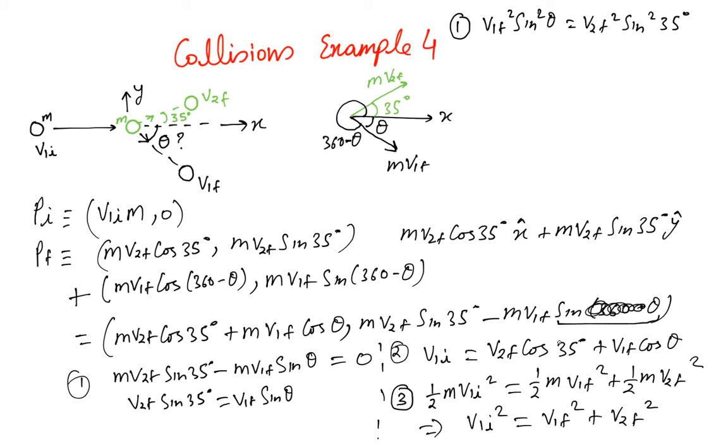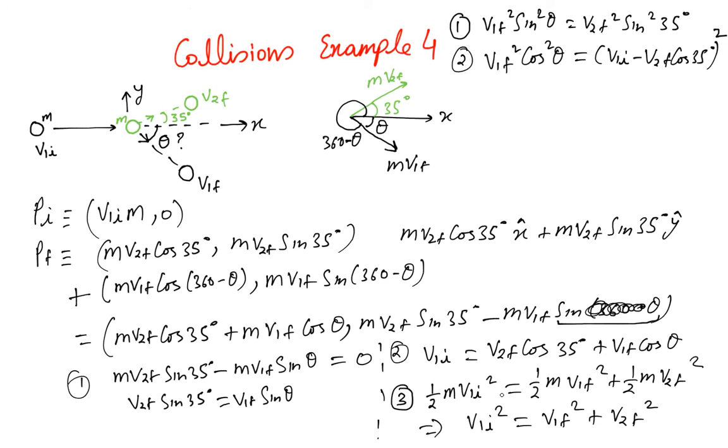Also, if you move this part onto the other side and then square it, you get the second equation, which is v1f squared cos squared theta equals v1i squared minus v2f cos 35 degrees squared, right?